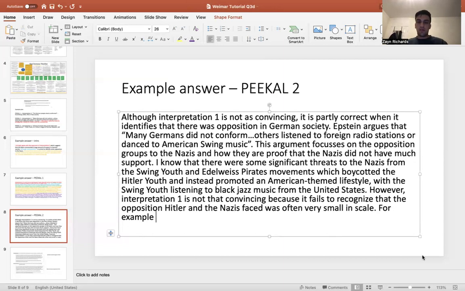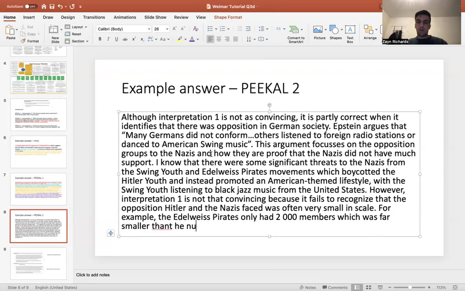For example, the Edelweiss Pirates only had 2,000 members, which was far smaller than the number in Hitler Youth.